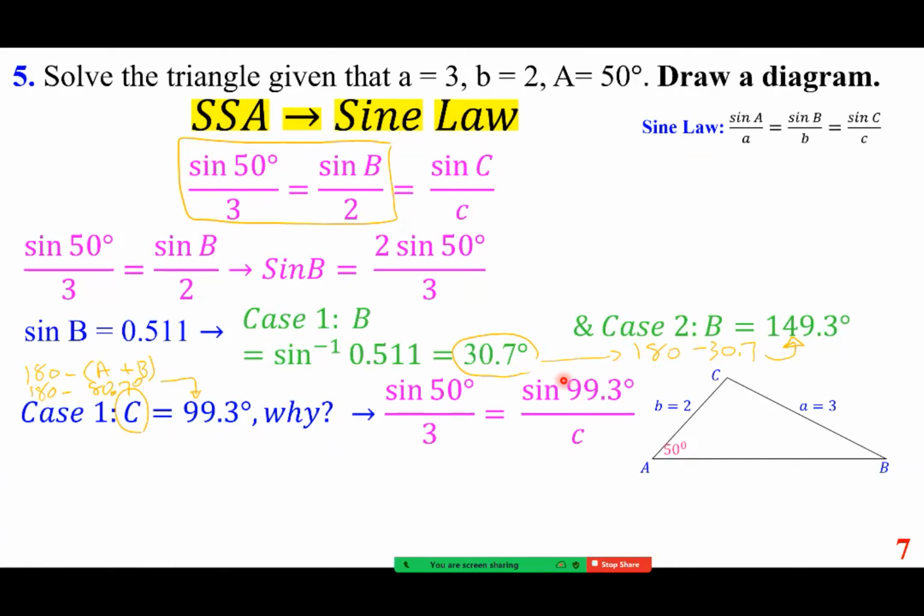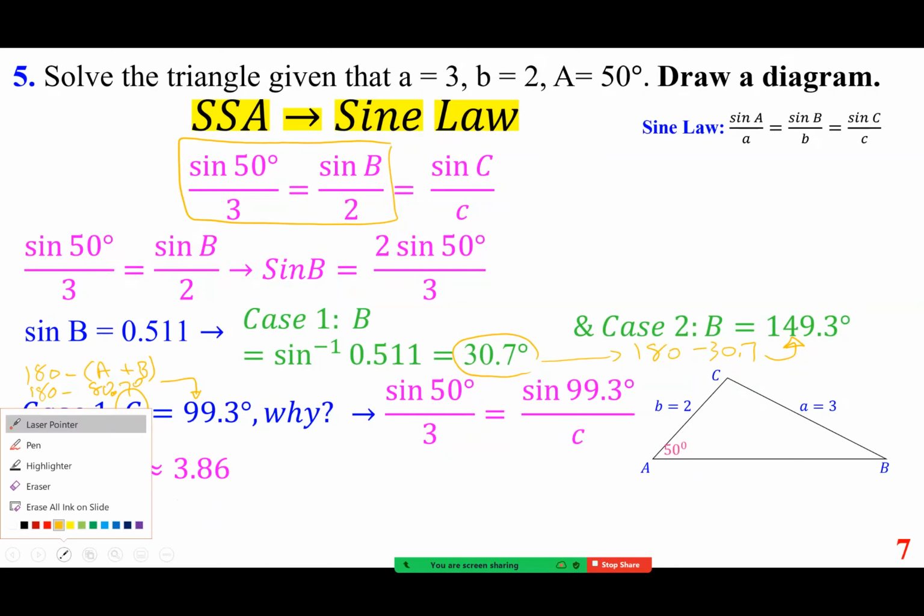C is the product of these two, 3 times sine 99.3 divided by sine of 50. And C becomes 3.86. If you want, I can write this for you.